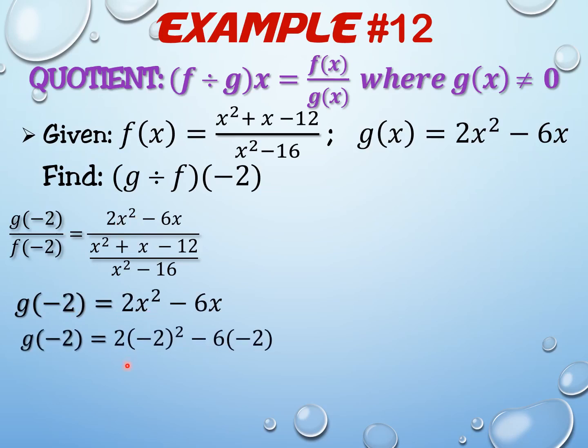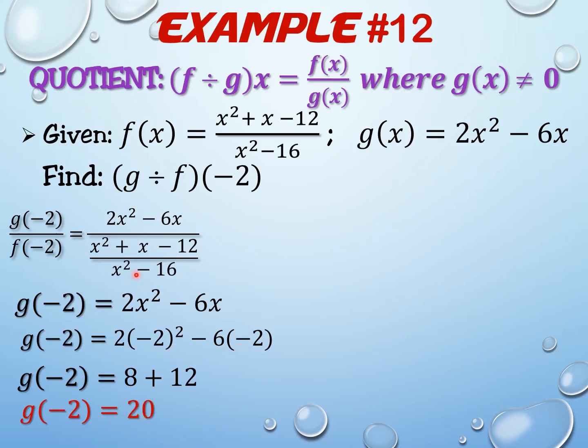That will give us 2 times the quantity of -2 squared minus 6 times -2. What is -2 squared, guys? Correct, that is 4 positive. That will become positive 4 times 2, that will be 8. And -6 times -2 is, correct, positive 12. And what is 8 plus 12? That will be 20. So that will be the value of g of -2.